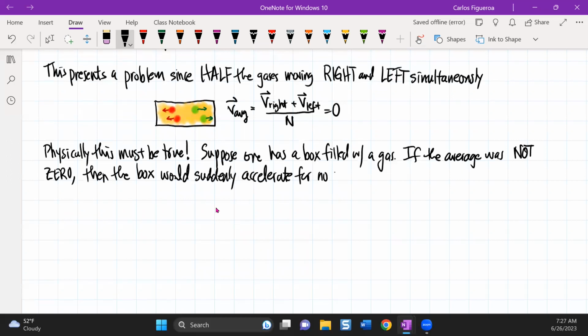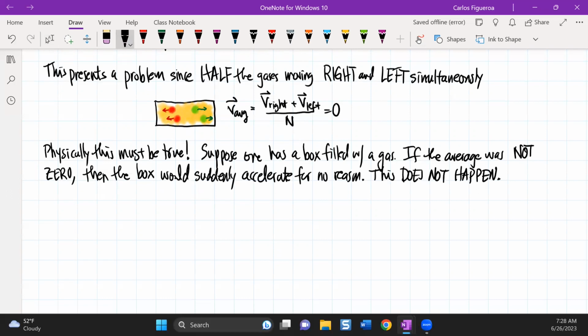For no reason. That would violate Newton's second law of cause and effect. We know that this does not happen. Therefore, the average speed must be 0.